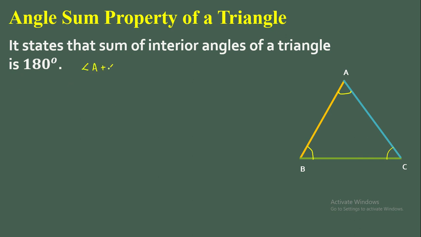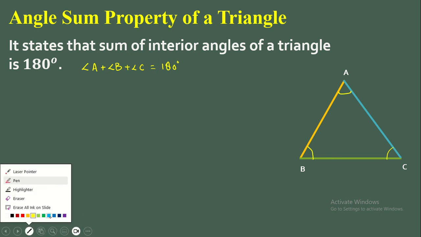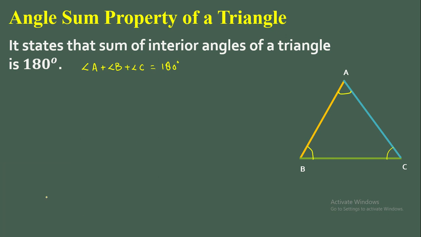So angle A plus angle B plus angle C is 180 degrees. Let's try to prove it. Here we have this triangle ABC in which angle A, angle B and angle C are its interior angles, and we have to show that the sum of these three angles is equal to 180.